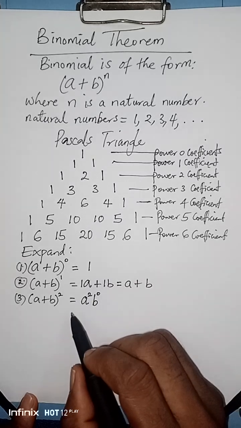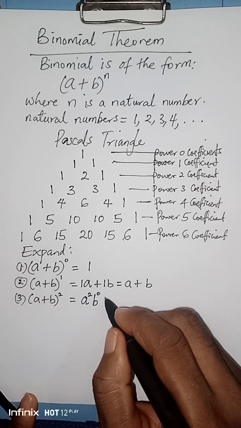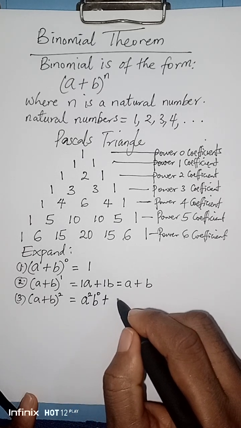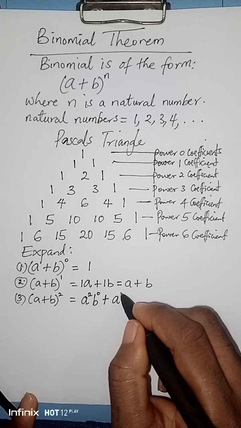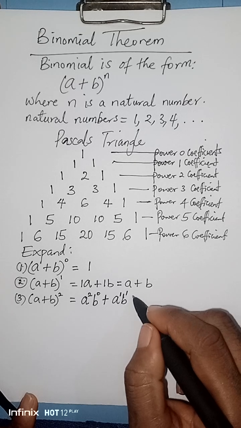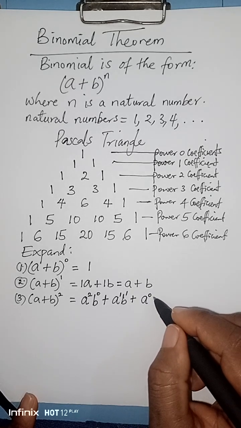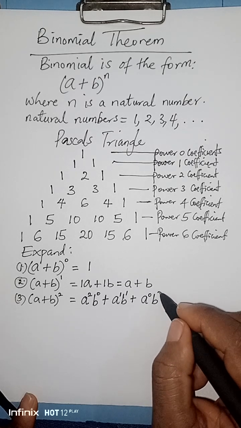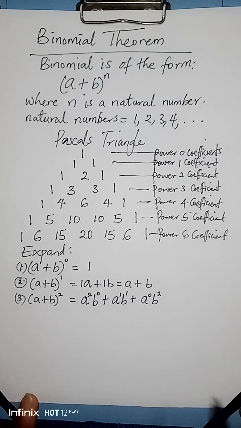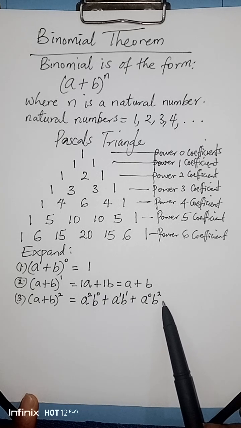What is the coefficient for this one? We'll come to it later so that we don't get confused. Plus a raised to the power 1, b raised to the power 1, plus a raised to the power 0, and b raised to the power 2. So you stop there. Once you get the power, you stop there.